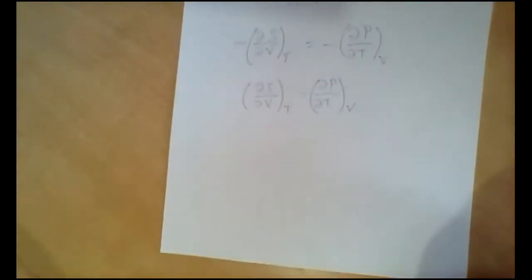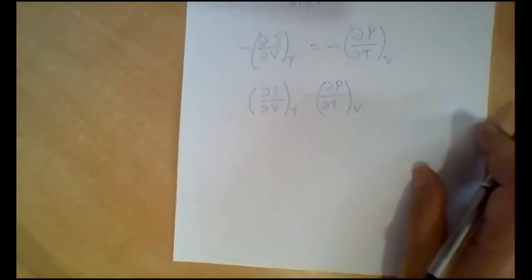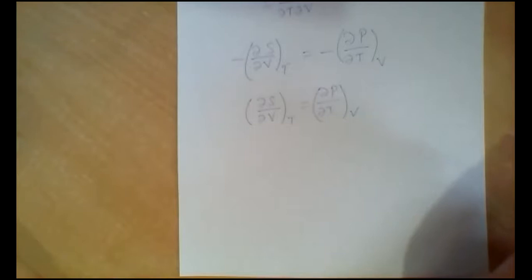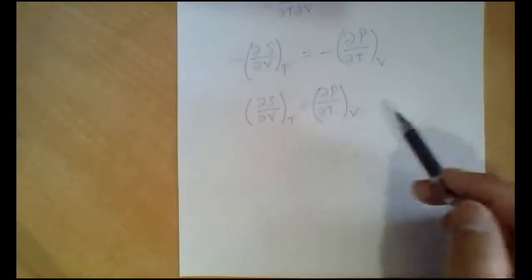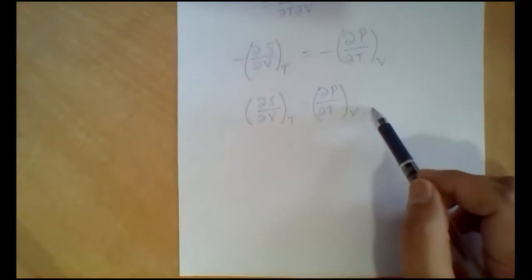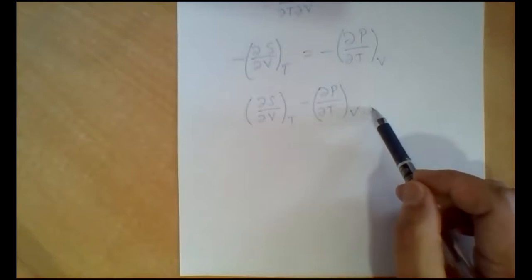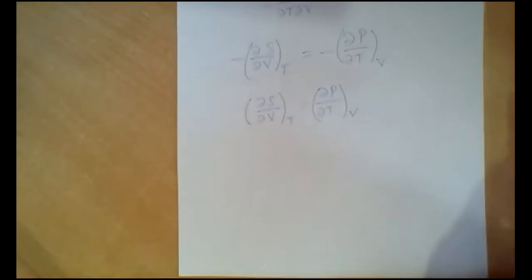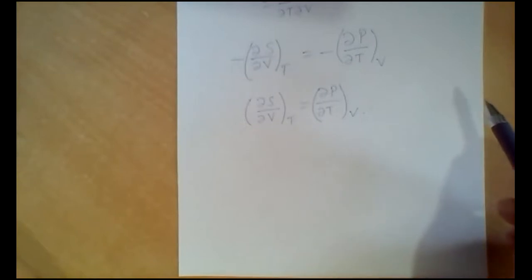This equation is called Maxwell's relation in thermodynamics. This is one of those relations. This allows us to calculate the entropy of a substance in terms of the pressure, volume, temperature dependence of the substance.